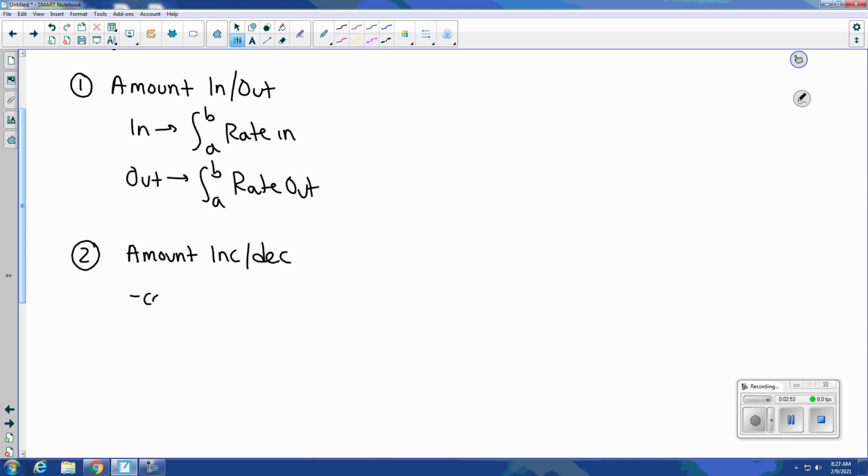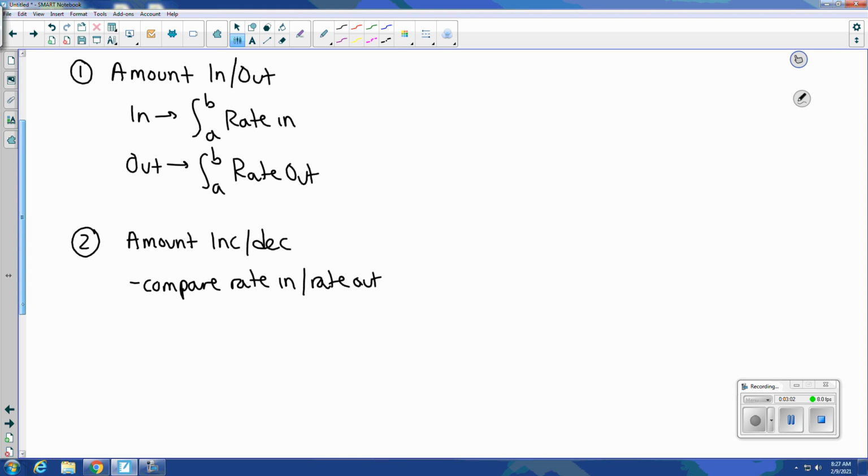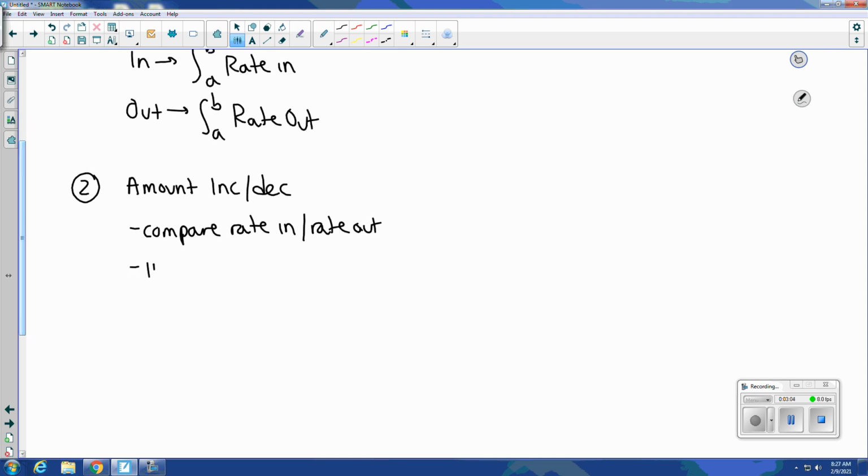So what we want to do is compare the rate in and the rate out. All we have to do is, for something that's increasing, so think of this intuitively, if the rate in is greater than the rate out at some time or along some interval, then the amount should be increasing.